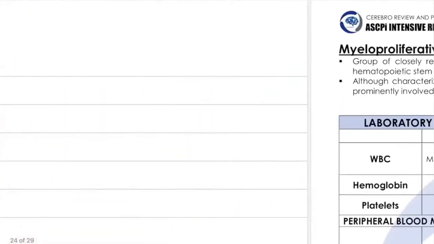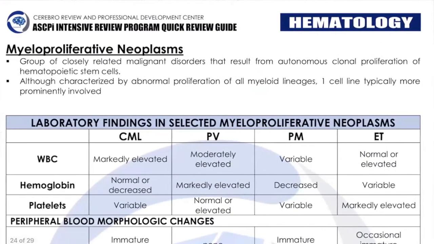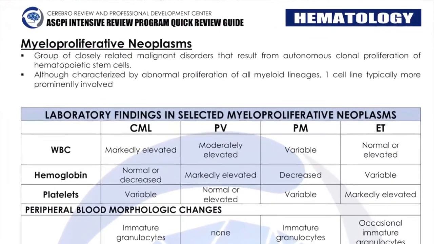And we now go to our last group of malignancies. We have myeloproliferative neoplasms. The myeloproliferative neoplasms are a group of closely related malignant disorders that result from autonomous clonal proliferation of hematopoietic stem cells.